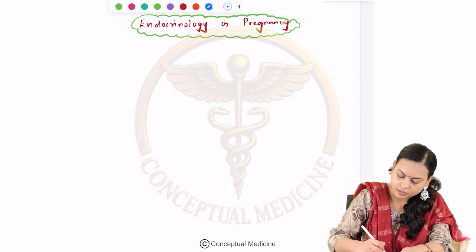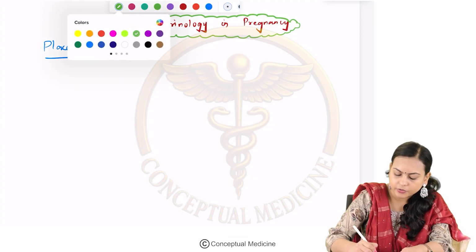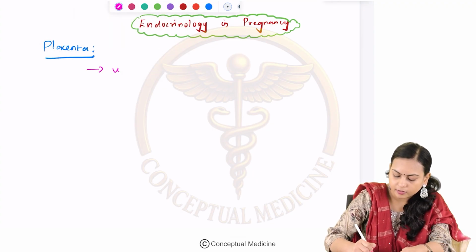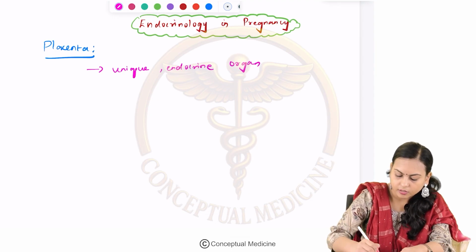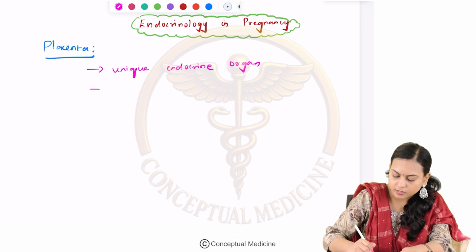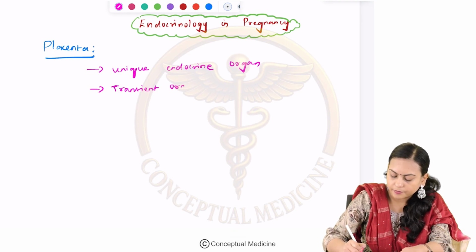First, we will see the placenta. Now, placenta is a unique endocrine organ that is going to be only a transient organ.